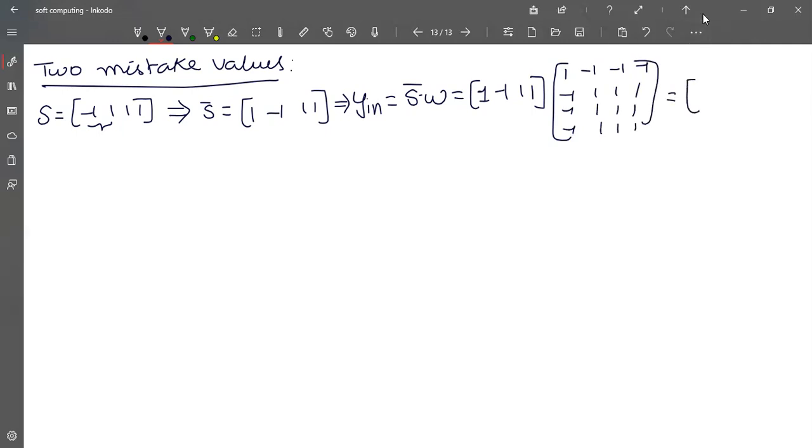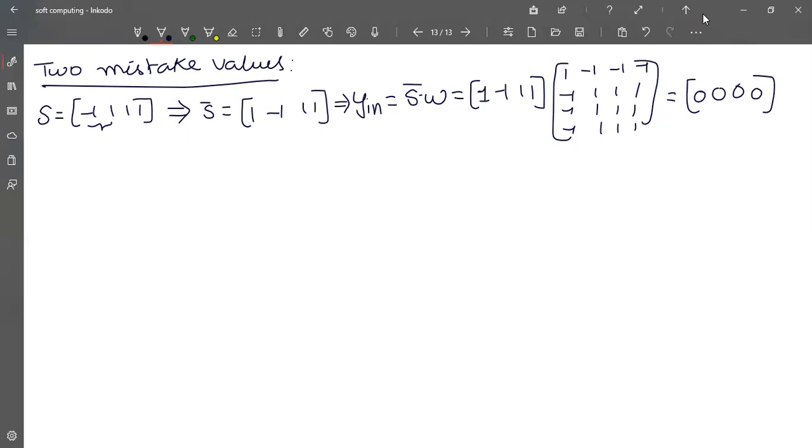So if you multiply, 1 plus 1 is 2, minus 2, you will get 0. And again, minus 1, minus 1, minus 2, and 1 plus 1, 2. Minus 2 plus 2 is 0, and these two are the same, right? 0, 0.